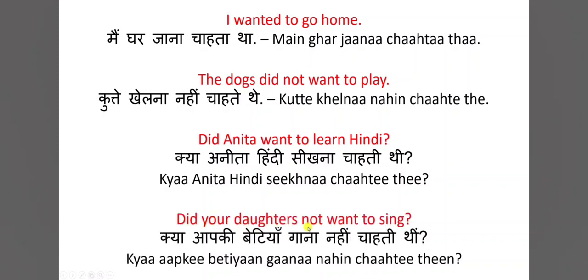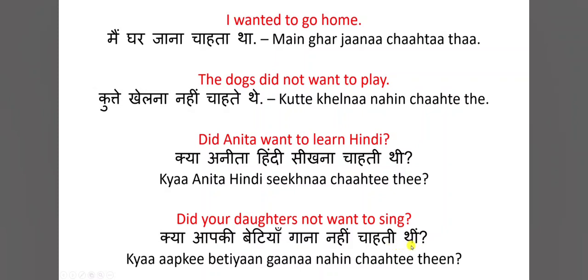Did your daughters not want to sing? क्या आपकी बेटियां गाना नहीं चाहती थीं? आपकी is your, बेटियां is daughters, गाना is to sing, नहीं is not, चाहती थीं is did want.